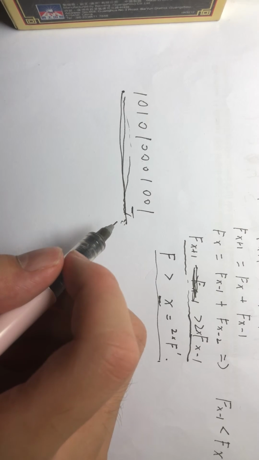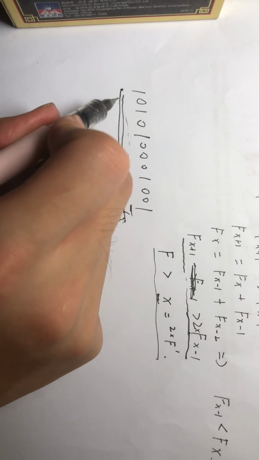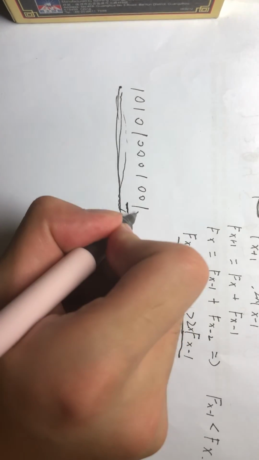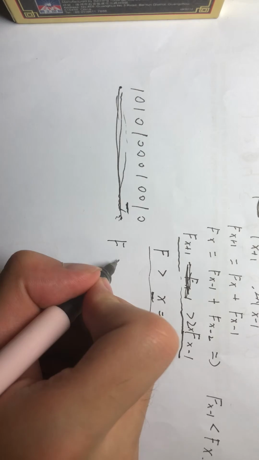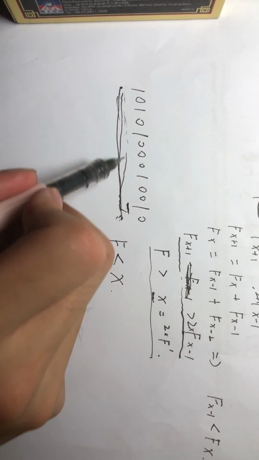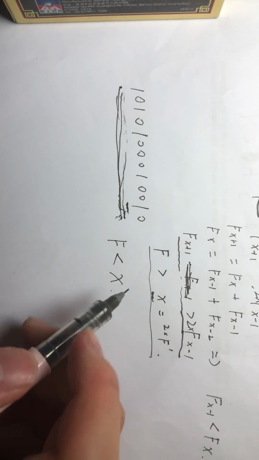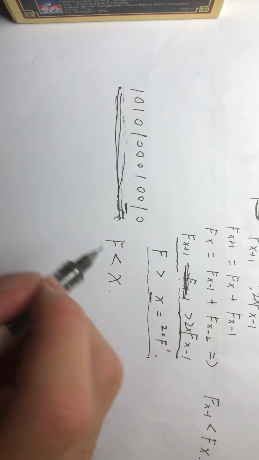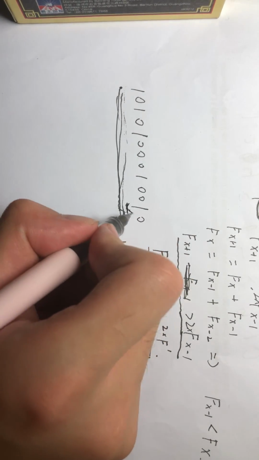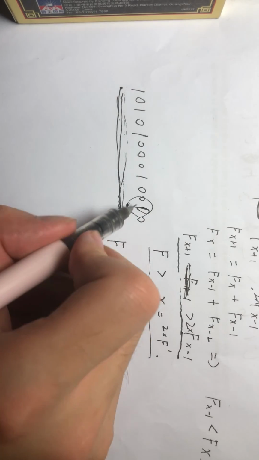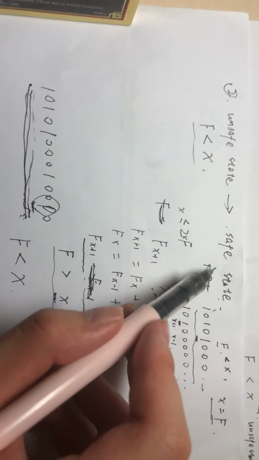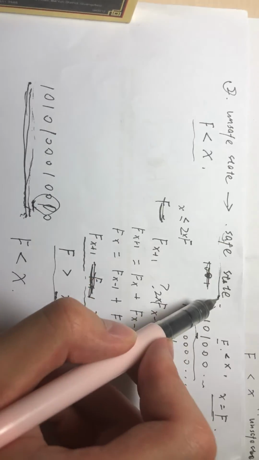Oh no. This time it's at an unsafe state because the rightmost one is this one, and f is definitely smaller than x, because the x you can remove is this one minus 1. So this is an unsafe state. And through the winning strategy, you just remove this one. It becomes 0, 0. And just follow the definition. We are now safe. We are now safe again.